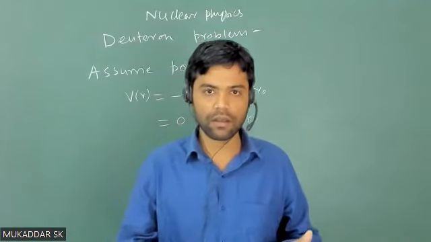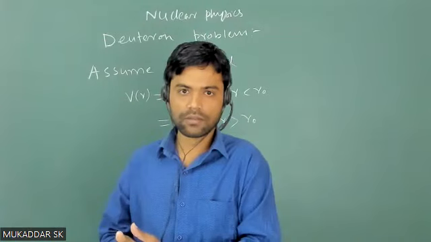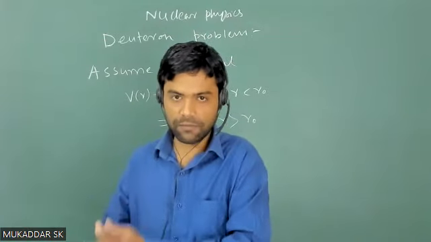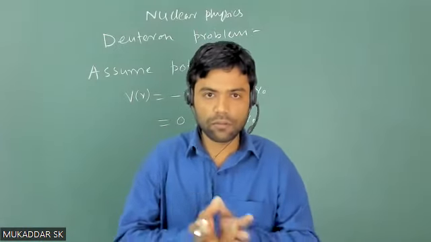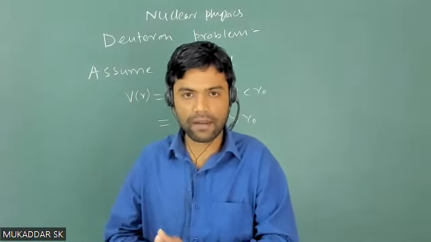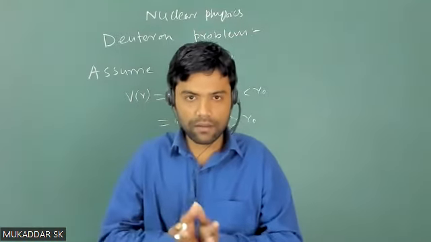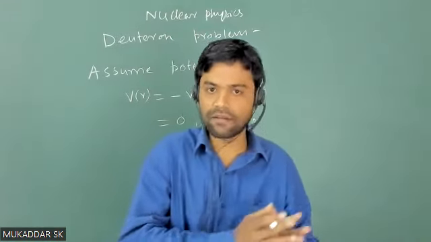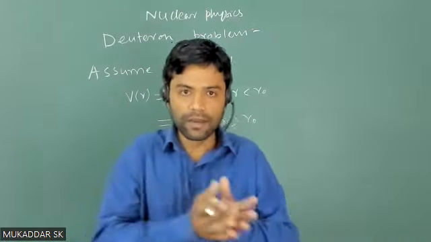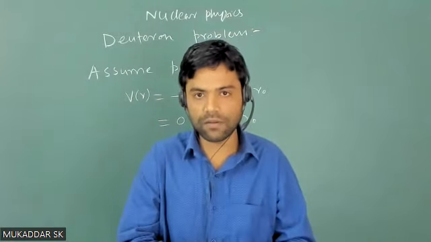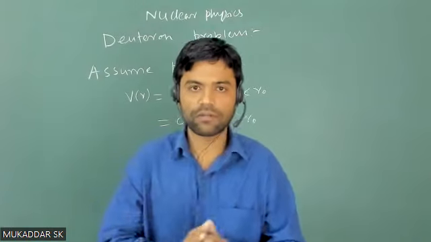If you take a complicated potential, it is very difficult to handle or solve. So you have to take a potential that is simplified but can explain all the properties. That is the main thing you have to apply in the research field also. Whenever you build a model, it should be simplified, but it should explain the properties we are going to study.